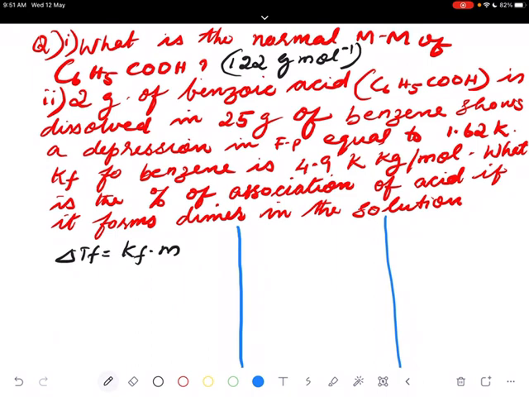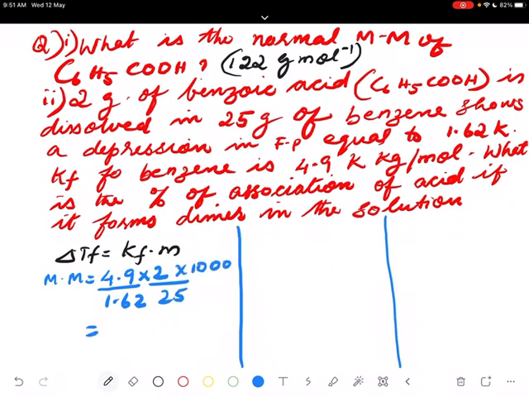From delta Tf you can find out the molar mass. Molar mass is equal to Kf. Kf for benzene is 4.9. Actually, you will be seeing 5. Normally we take it as 5, no problem. 4.9 into 2 grams divided by molar mass, but I have taken molar mass on the left hand side, so I'll be putting delta T here, that is 1.62, then 25 upon 1000.